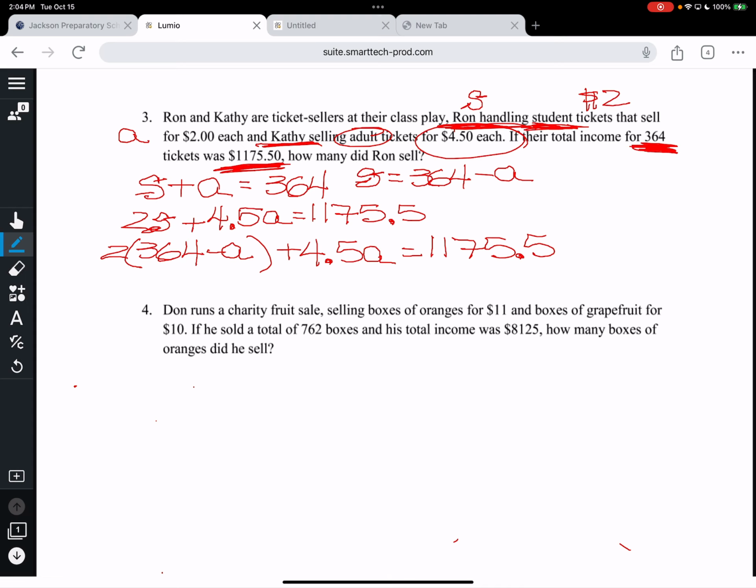All right, distribute your 2. Use your calculator. I think it's 728 minus 2A, and then plus 4.5A. So we finally only have one variable.